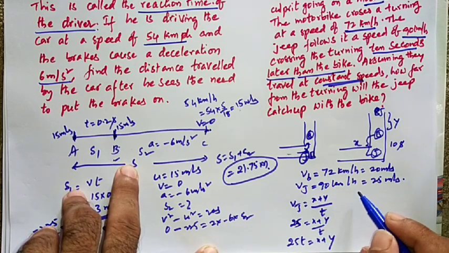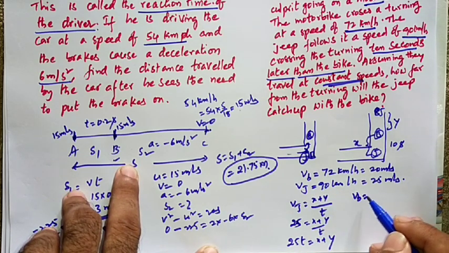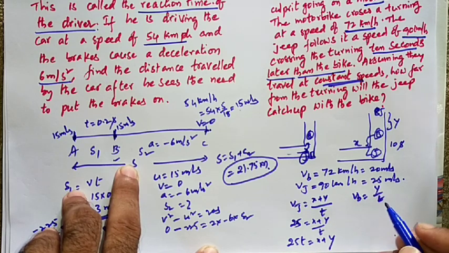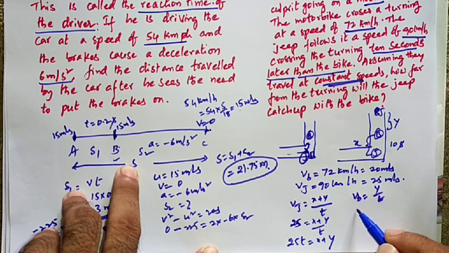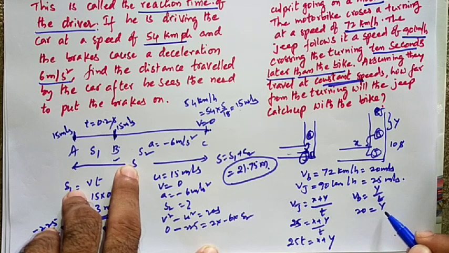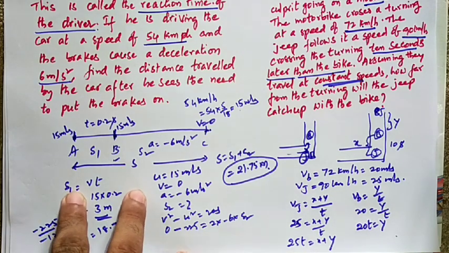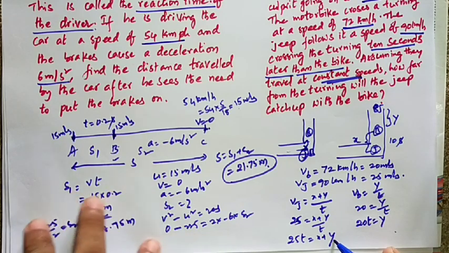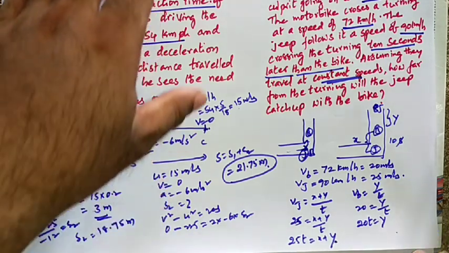Next, coming to the bike. Velocity of the bike is equal to distance by time, that is y by t. So 20 is equal to y by t. Then 20t is equal to y. Clear? Now substitute this y value in the equation.